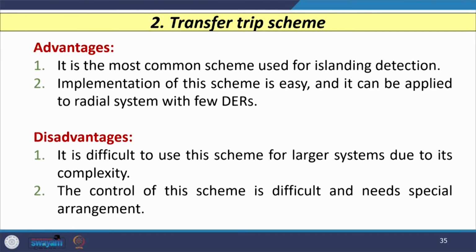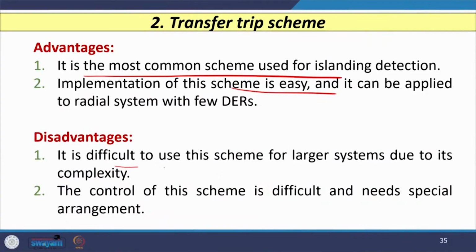Let us see what are the advantages and disadvantages of transfer trip scheme. This scheme is the most common scheme used for islanding detection, and implementation of this scheme is easy and it can be applied to radial systems containing few distributed generators.